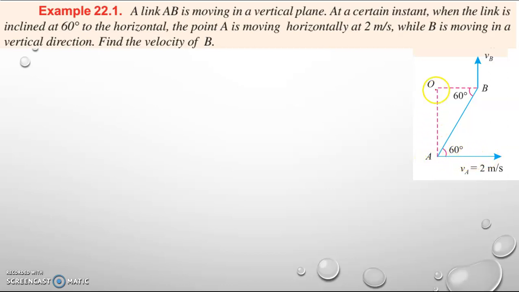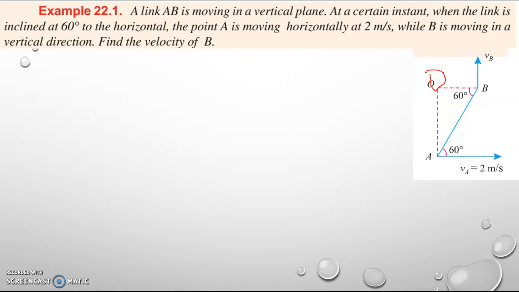And point B is moving upward, so I have marked the velocity direction and drawn the perpendicular. So these two perpendiculars will meet at the point O, and this is the instantaneous center of the given link AB. The velocities VA and VB will be proportional to the distance from the instantaneous center.